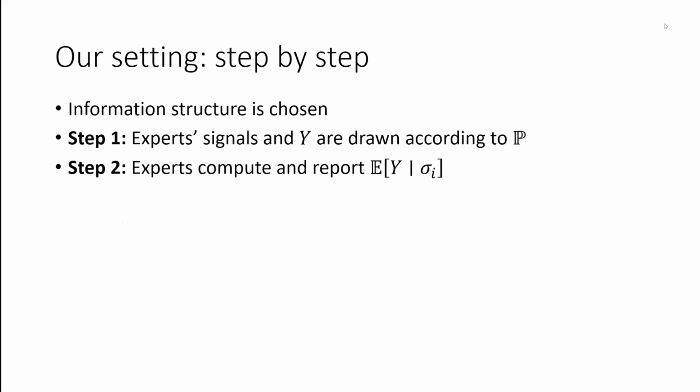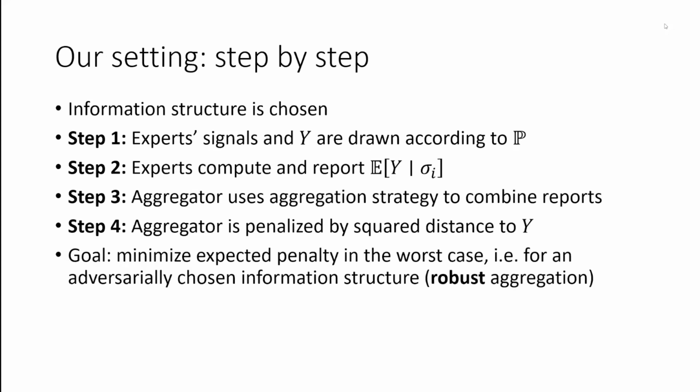So here is our setting. First, an information structure is chosen. And then the experts' signals and the value of Y are drawn according to it. Then the experts compute the expected value of Y conditional on their signal and report it to the aggregator. So the aggregator receives a number from every expert and uses their aggregation strategy to combine the reports into a single number.